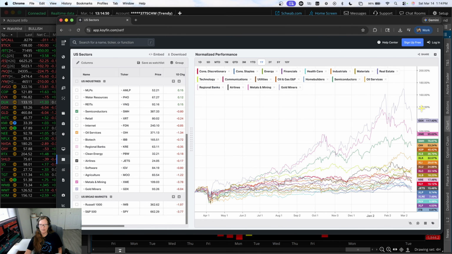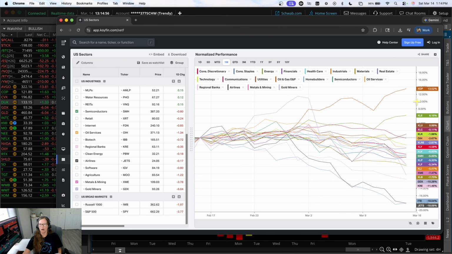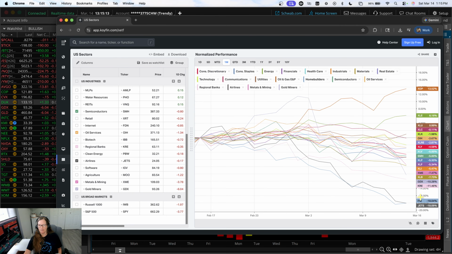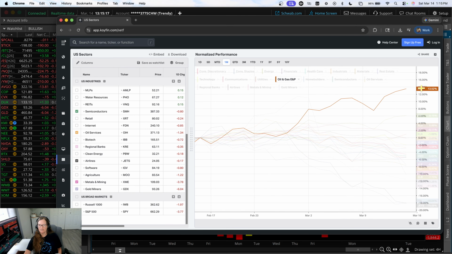So when big money is taking their money out of, let's just look back over the last month, certain stocks, these sectors down here would be at the bottom because big money is pulling capital out of them. And they rotate that money into these sectors that you see at the top.